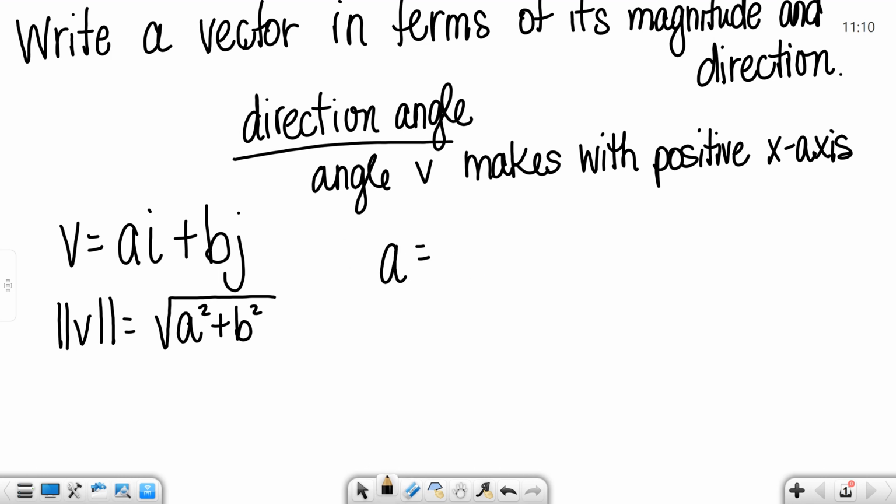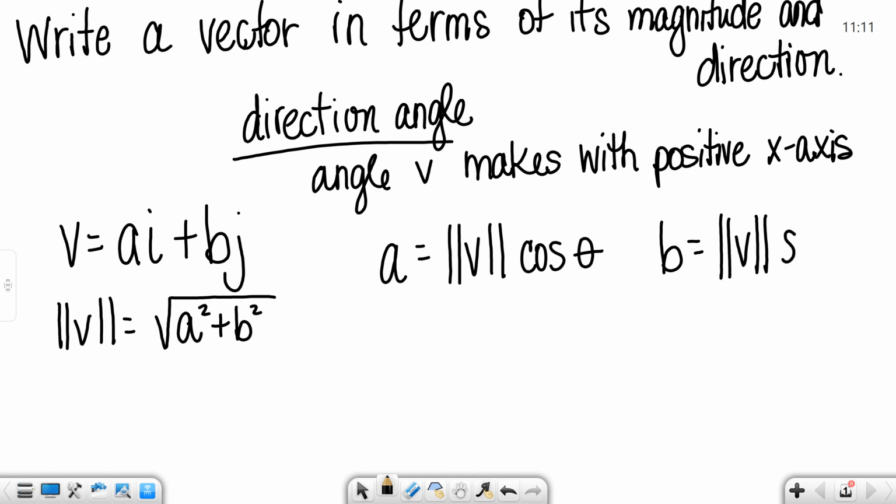Our component A is found by taking the magnitude and multiplying by the cosine of theta. Our component B is found by taking the magnitude and multiplying by the sine of theta. If you think of components A and B like an ordered pair, x and y, this should make sense.